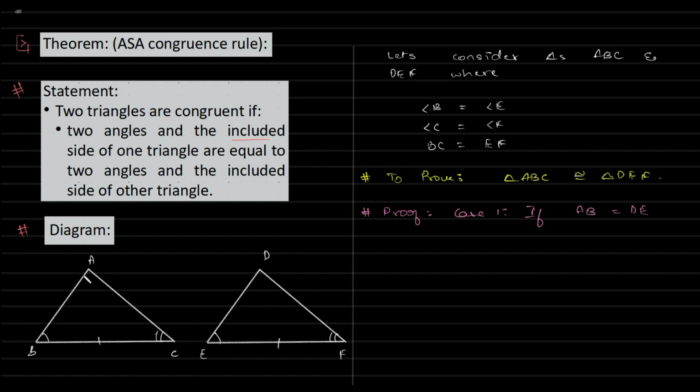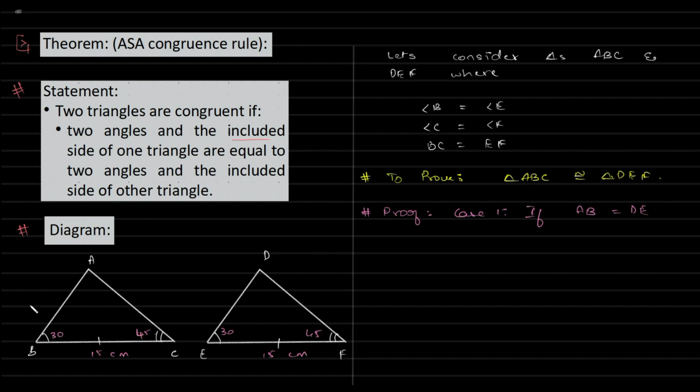So side AB has to be bigger than DE, equal to, or smaller than. Let's say this is 30 degrees and this is 45 degrees. That is fixed. If this is 15 centimeters, this has to be 15 centimeters. So that is the initial condition.